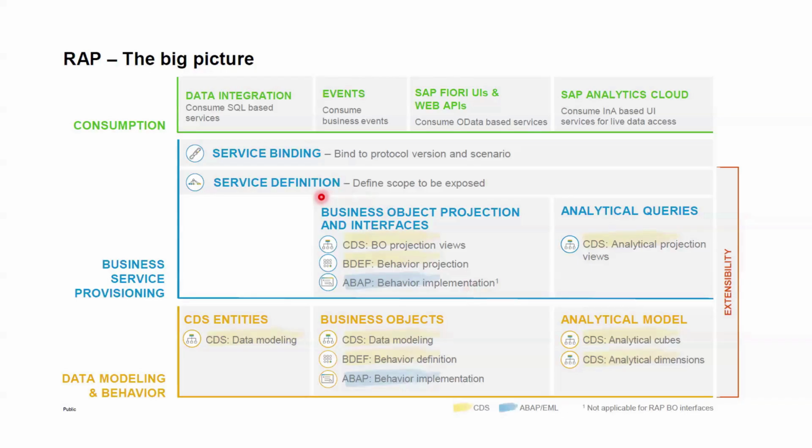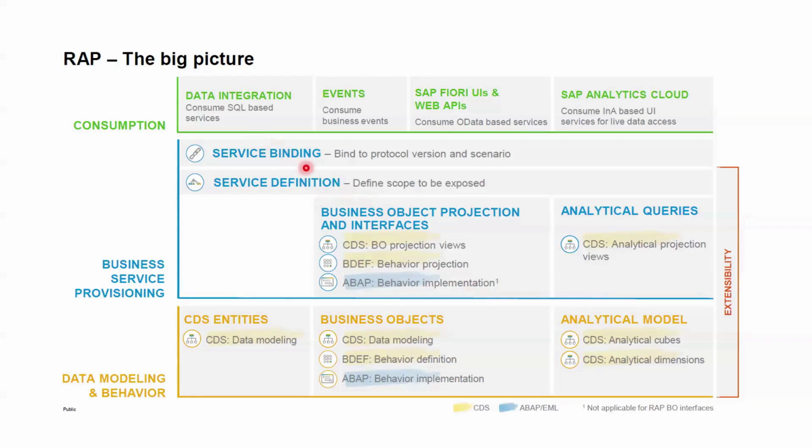In the service definition you define which entity should be part of my OData service, and what are the objects which need to be part of my OData service. And in the binding you select the protocol, whether it's V2 or V4 or whatever web API protocol.